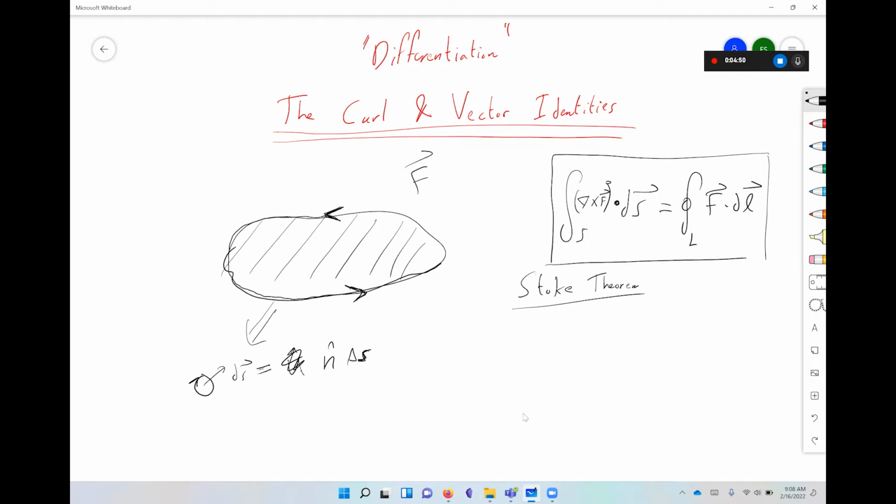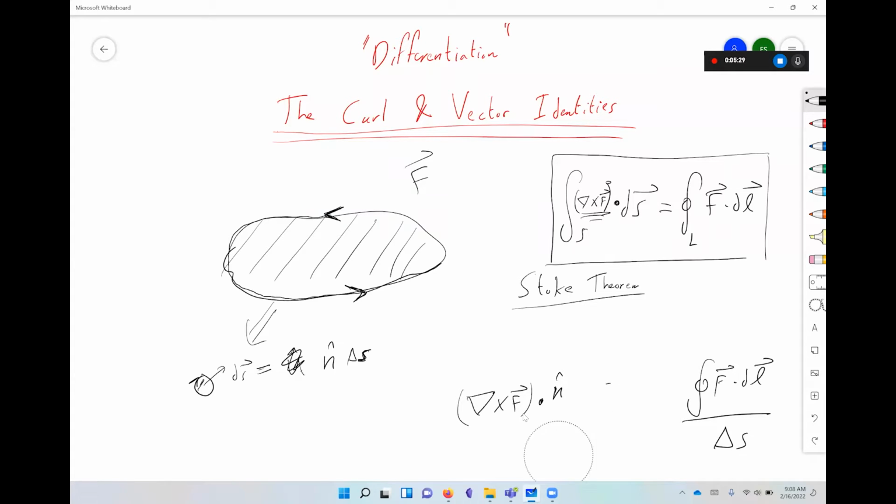So when we have a really tiny area, I can take curl F out of the side of the integral. And then I can take n outside of the integral, because n is constant. What remains inside the integral is the surface area, which is just delta S. So the sum of the whole area is just delta S, equals, as delta S goes to 0, the closed integral of F.dl. So I can take delta S to the other side.